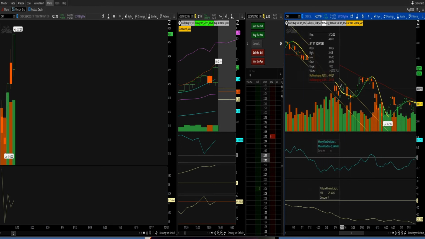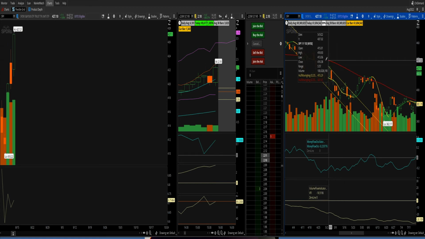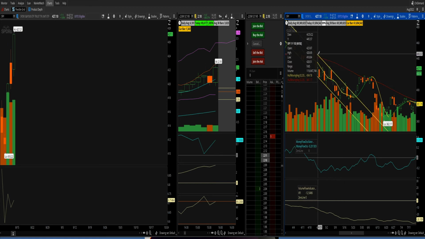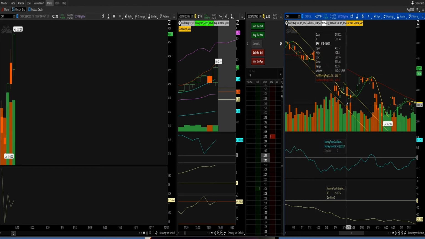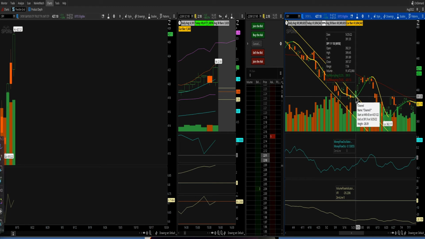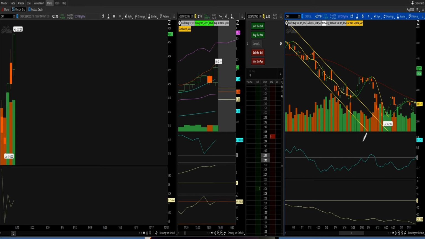As long as you're within this channel, you could have taken a position on the short side, shorting all the way down and getting out right around here. This would have been your position to get out because it stayed within that channel. Now, how easy or how hard is that to know? It's kind of hard, right?